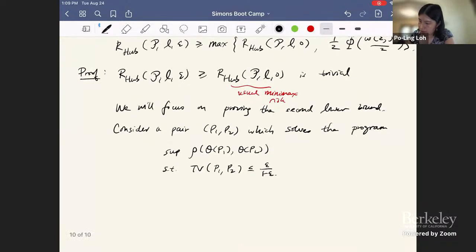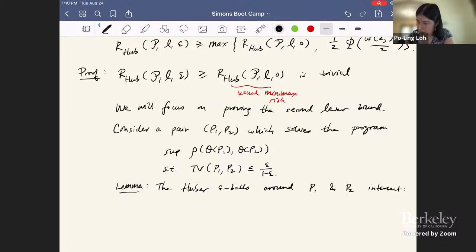So maybe I'll write this as a little lemma, because it's kind of a side result. So the lemma is that the Huber epsilon balls around P1 and P2 intersect.